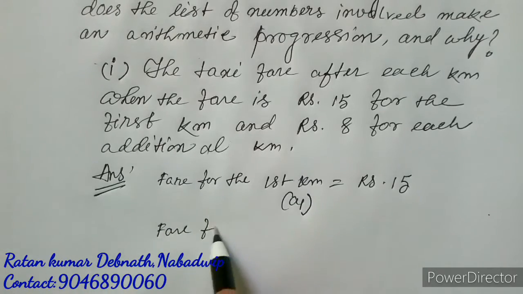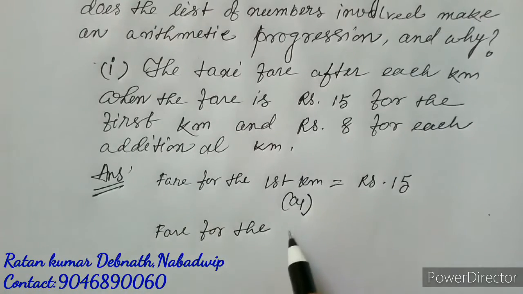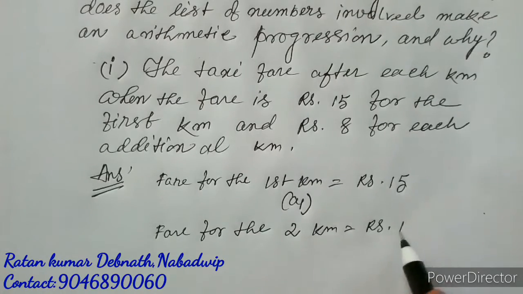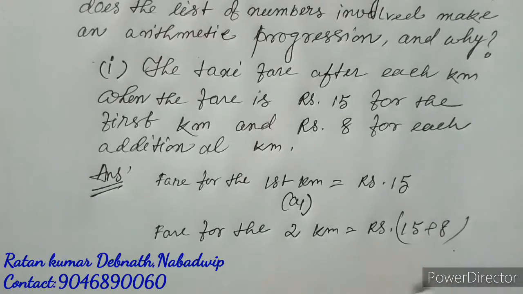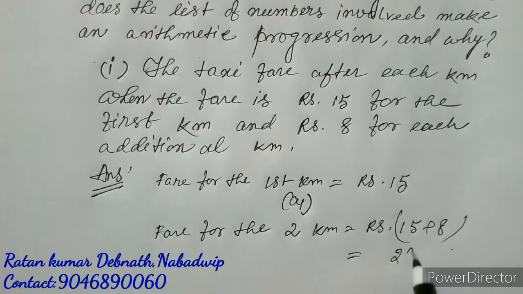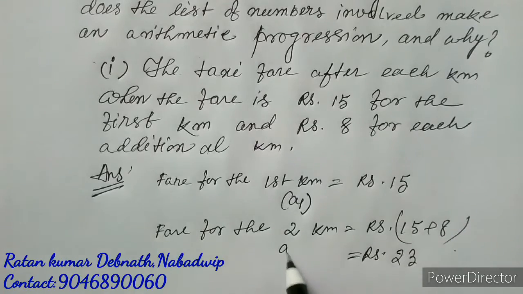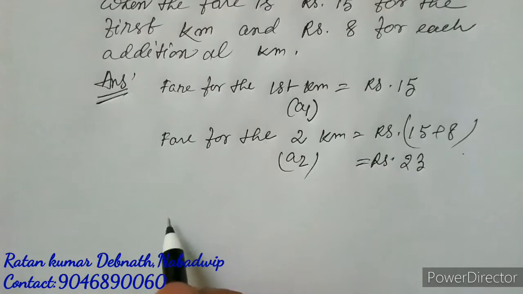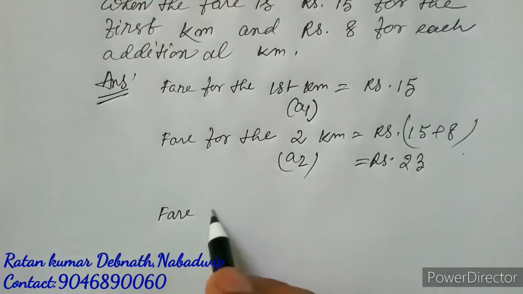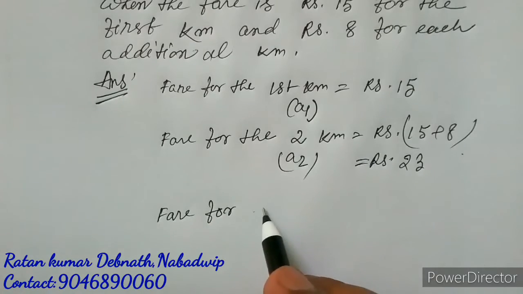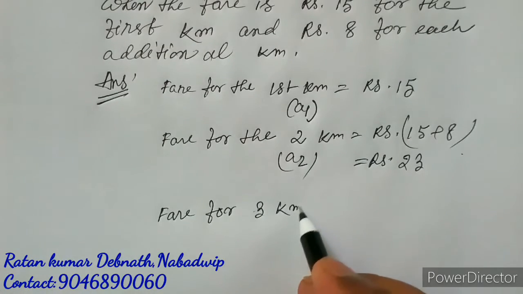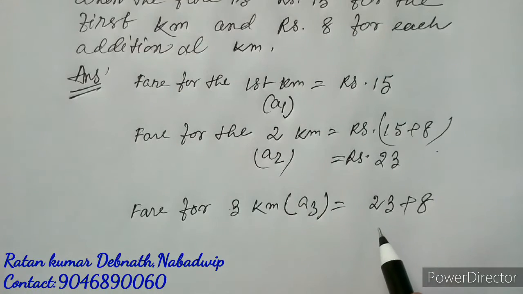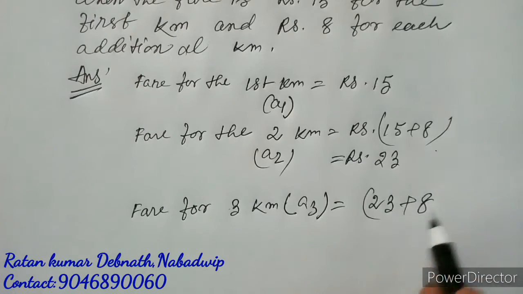So the fare for 2 kilometers is rupees 15 plus 8 results in 23, which is our second term. Fare for 3 kilometers, that is a3, the third term. You have to pay extra 8 rupees.